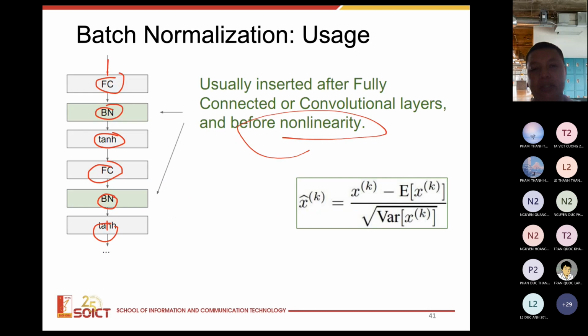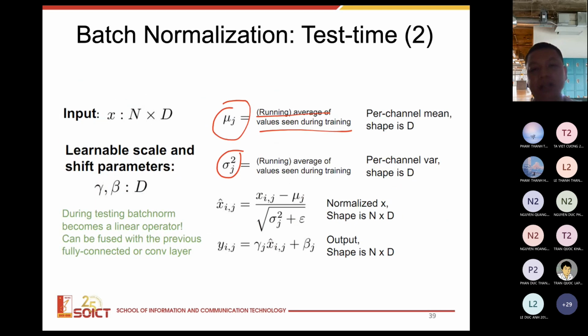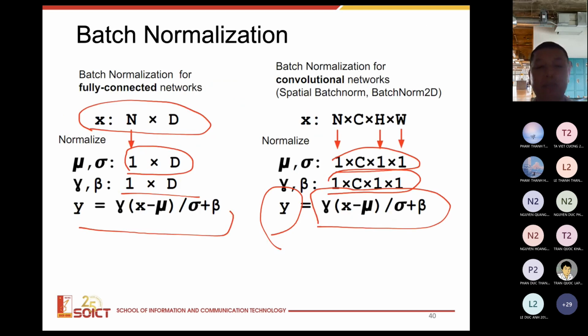Using the training statistics will work if there are no differences in the characteristics of the training and test data. But if there are big differences, then you might get a problem.